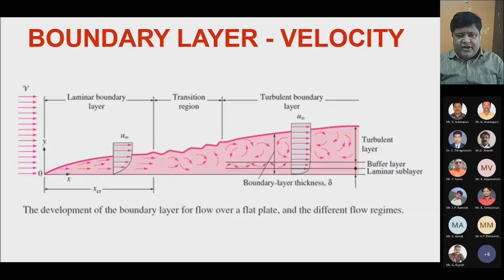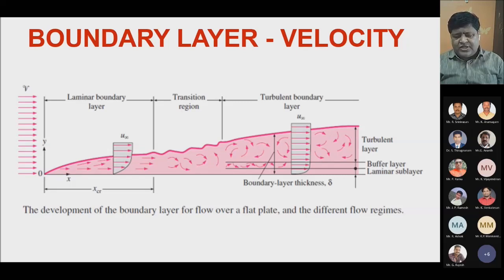So in our case, if our car is moving forward at a particular speed and the air is flowing over the car in the opposite direction, when the design of the car is done, we try to minimize the boundary layer thickness as low as possible. That is the reason we have the streamlined aerofoil structures and all the streamlined shapes, to reduce the boundary layer thickness.